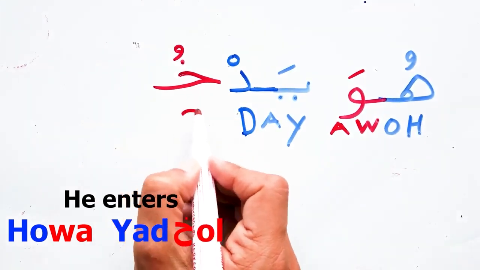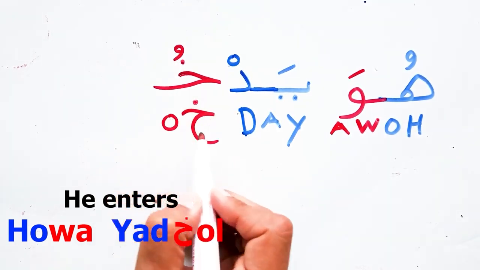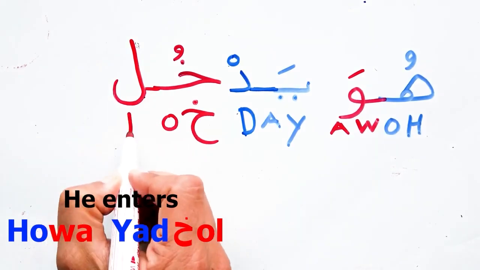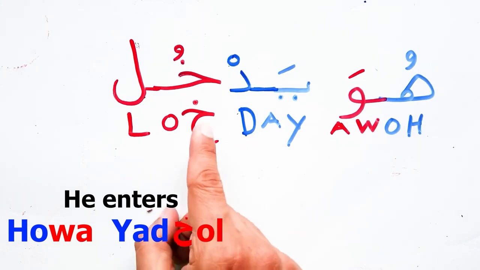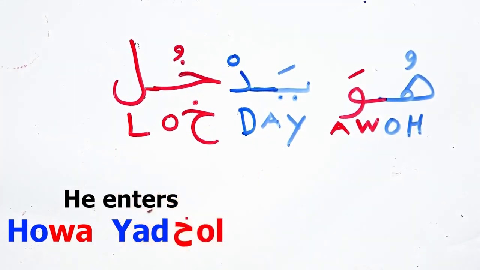The sound of this letter doesn't exist in English. So خ and dhamma is O. خو. هو يدخل. Sound of L. خل. هو يدخل.